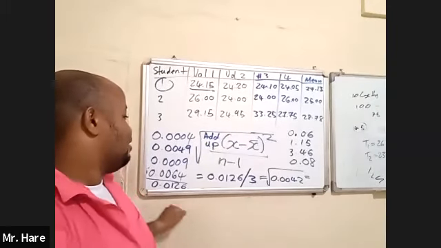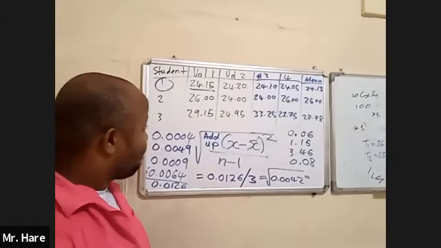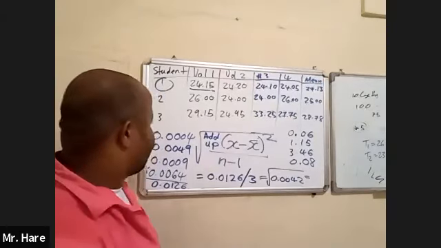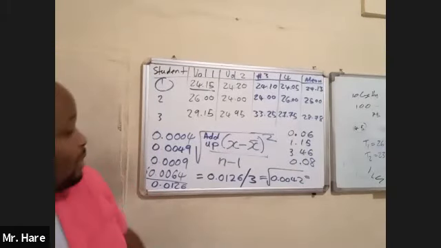Sir, 25.10 subtract 25, when you square that, you get 0.01. Well done. Take time, so repeat the answer.